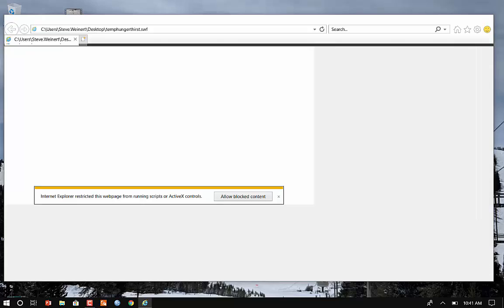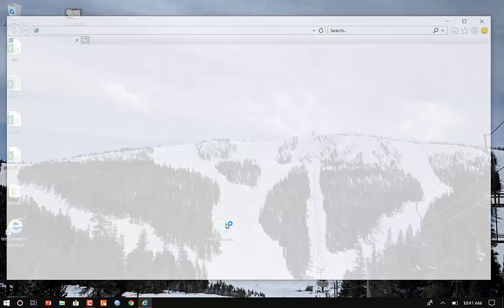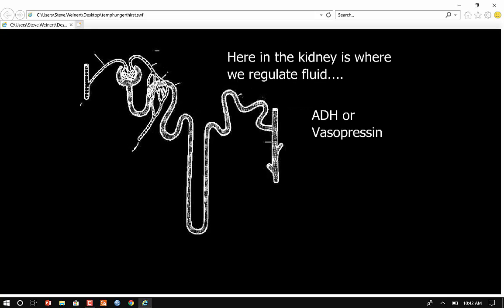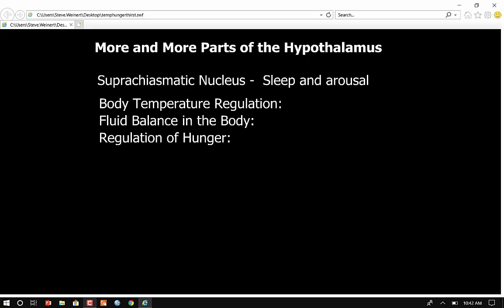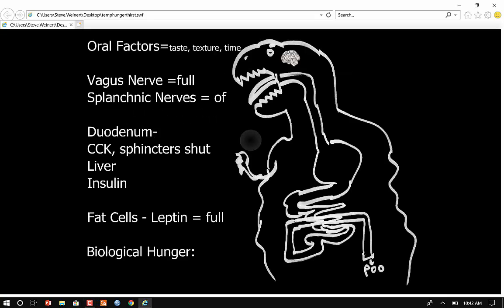Now, what's interesting about this is that your brain has all sorts of things that we're going to go through. And what is the goal of your brain and your diet? We have our diet goals.